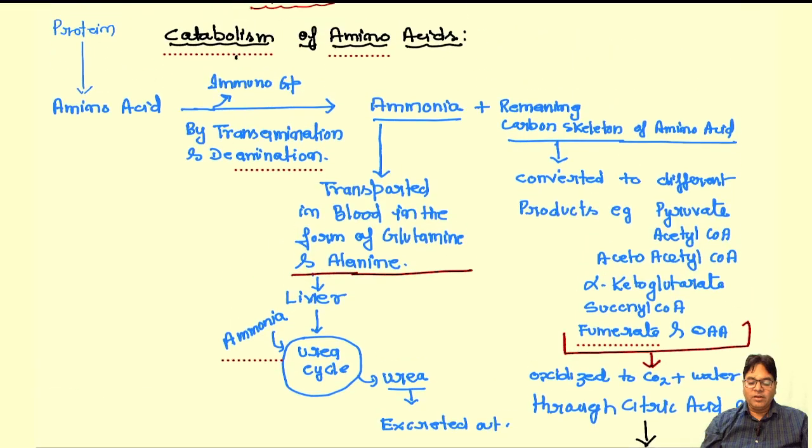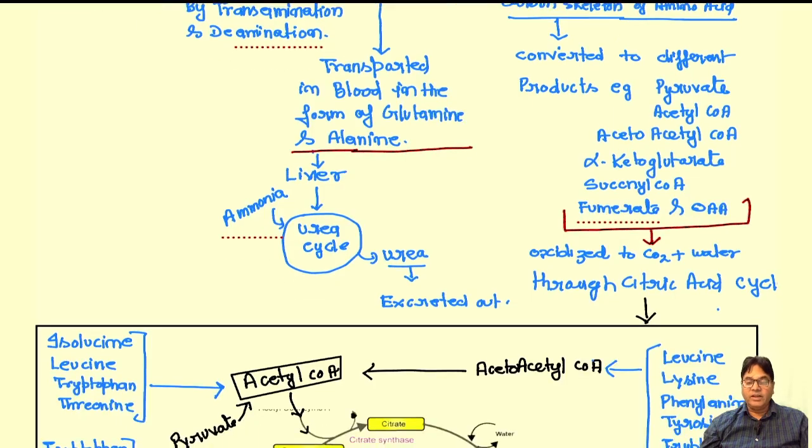So when we start with amino acid catabolism, what is the main product formed here? It is ammonia, which is excreted out, as we will see later. And then the remaining carbon skeleton of these amino acids is finally oxidized through the citric acid cycle into CO2 and water. So this is the fate of the catabolism of amino acids.